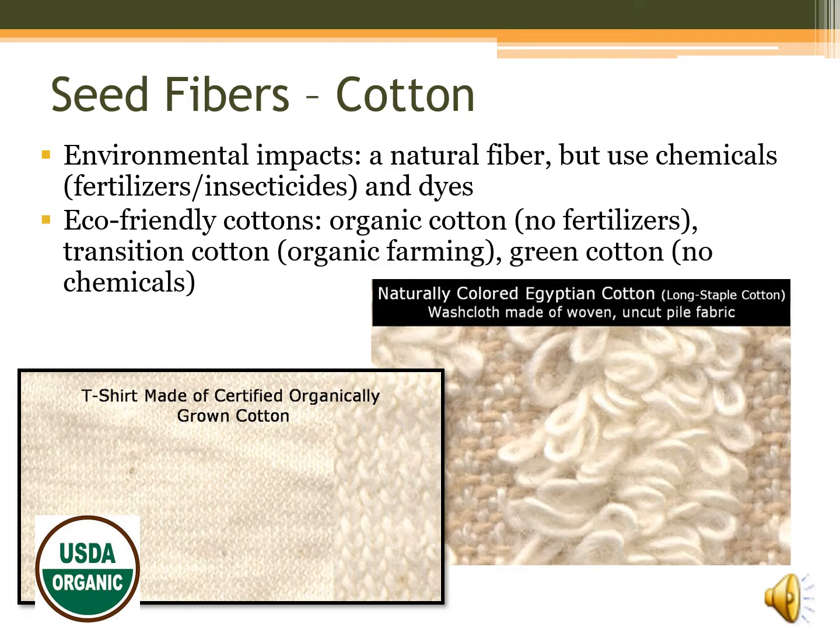So it's created a bit of an issue for cotton, but it's also paved the way for this market for organic cottons, which are supposed to be produced without any fertilizers or any of these chemicals that we're talking about. Transition cotton, which is when the entire farming process is organic, and green cotton, where there's no chemical used.